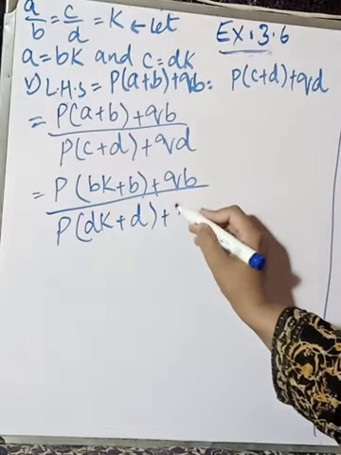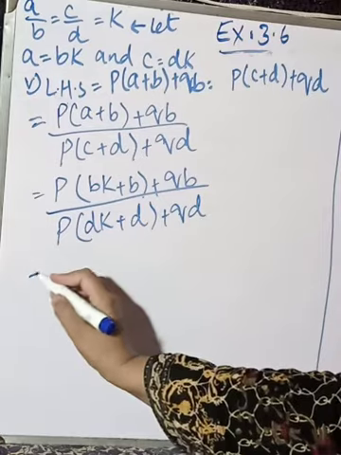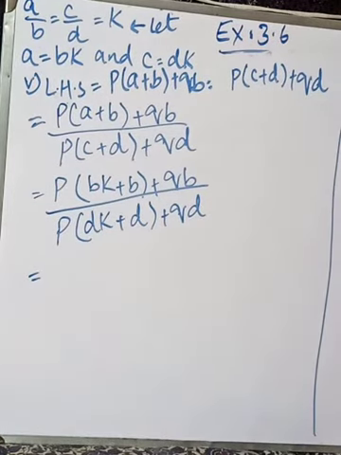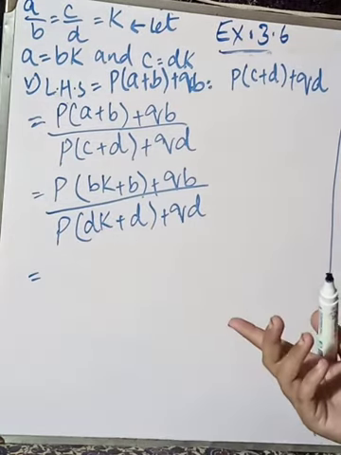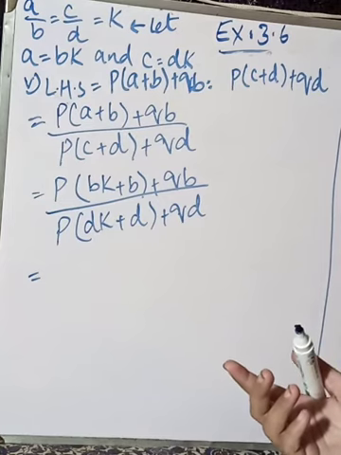plus d plus qd. Okay, now what I need to do, मैंने क्या करना है, if you are comfortable तो आप इसमें p को inside multiply कर लें, and if you are not तो फिर उसको ऐसे ही रहने दें. I think that we should multiply.